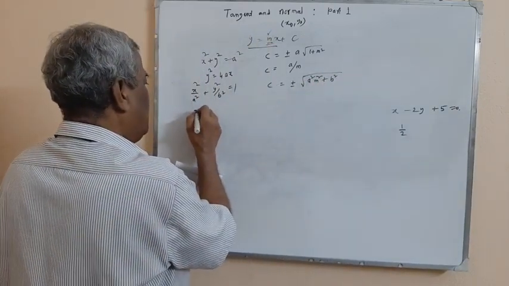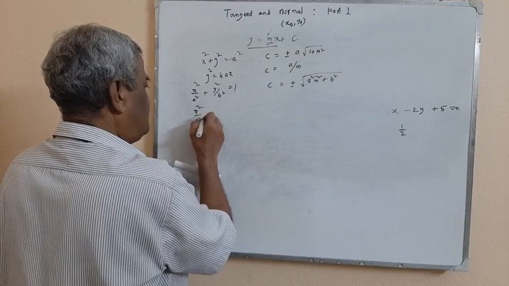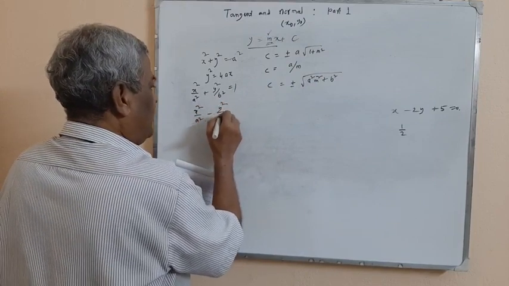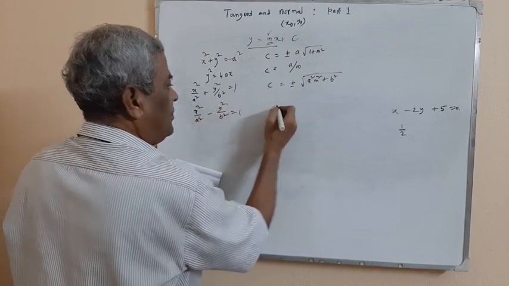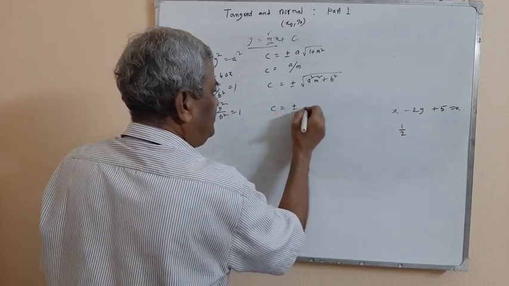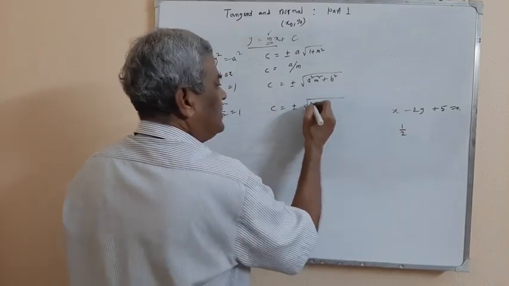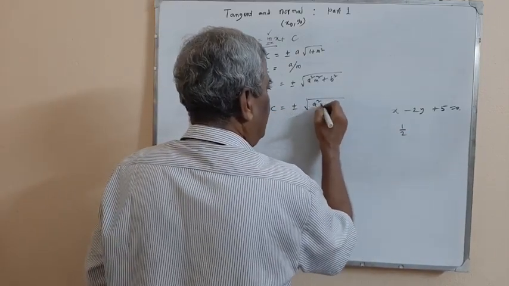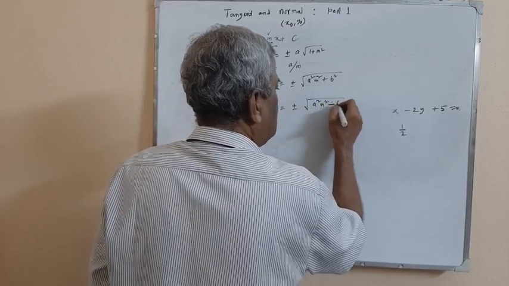For the hyperbola, that c is ±√(a²m² - b²).